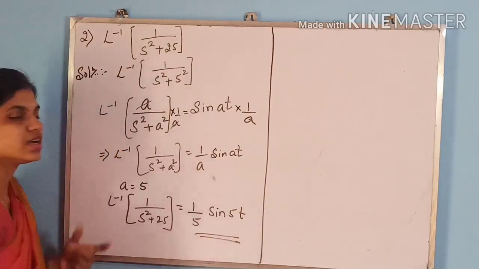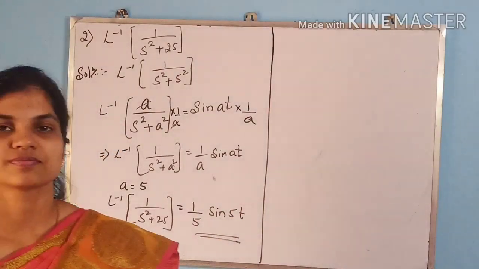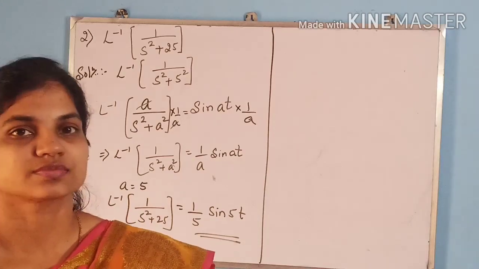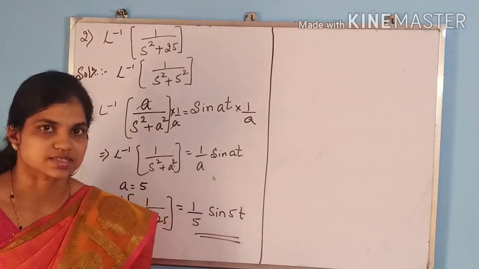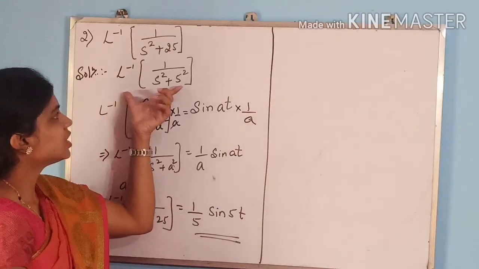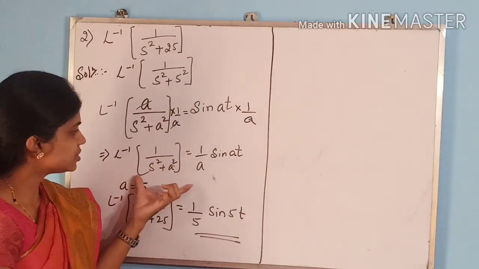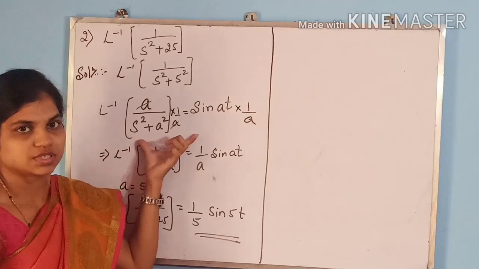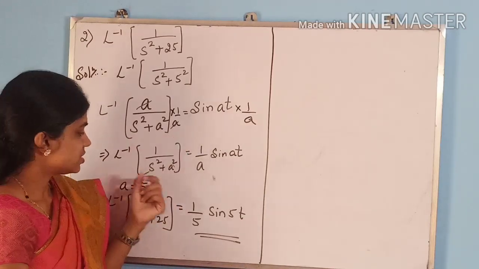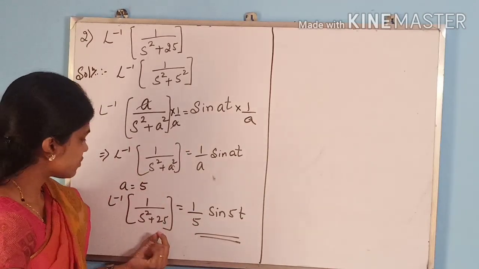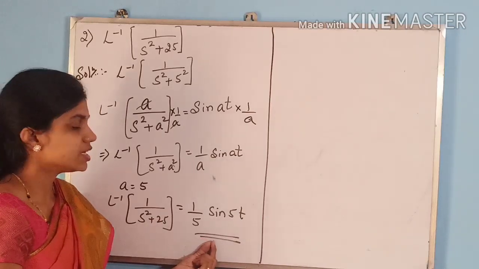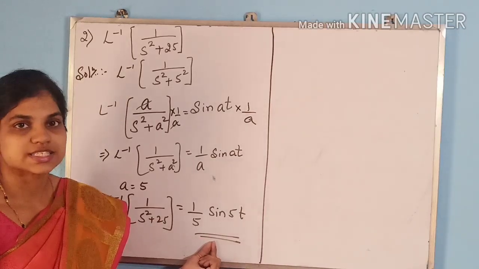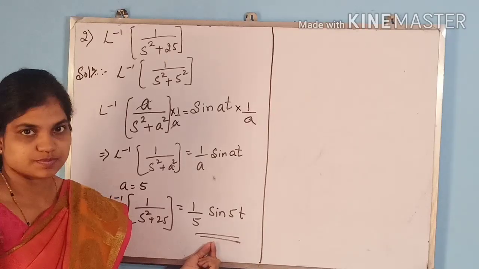And this is our answer. Very simple. Yes, a small twist in the question, that's it. Okay, so you should know how to come to this formula, right? So Laplace inverse of 1 by s square plus 25 is 1 by 5 sine 5t.